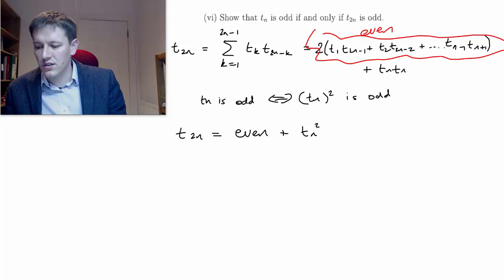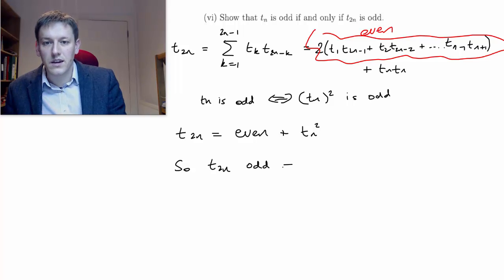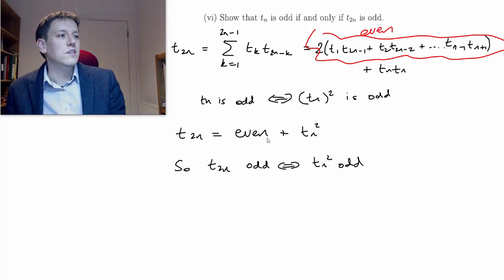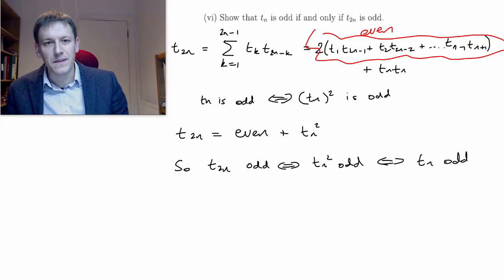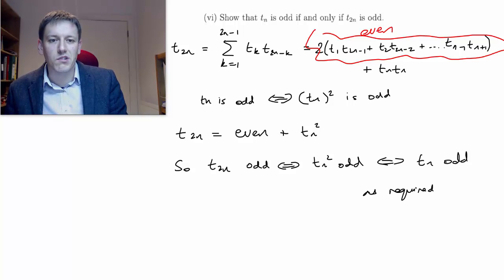So that means that t2n is odd if and only if tn squared is odd, because even plus odd gives an odd, but even plus even gives even. And that's true if and only if tn is an odd number, and that's what we were required to show.